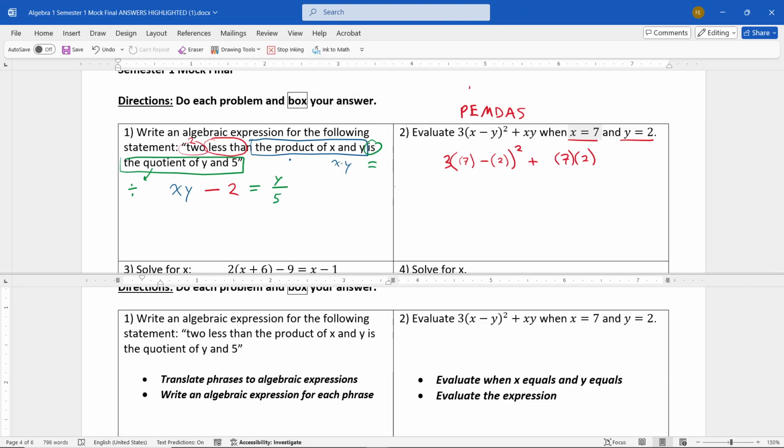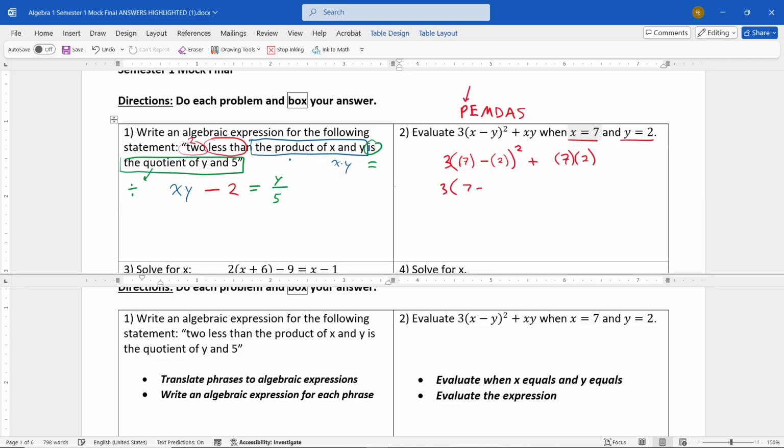So first, are there any parentheses we have to handle first? Yes, there are. Before we can do exponents, like this one here, the power of 2, before we can multiply, we need to take care of the parentheses. Inside this big parenthesis, there's a 7 minus 2.